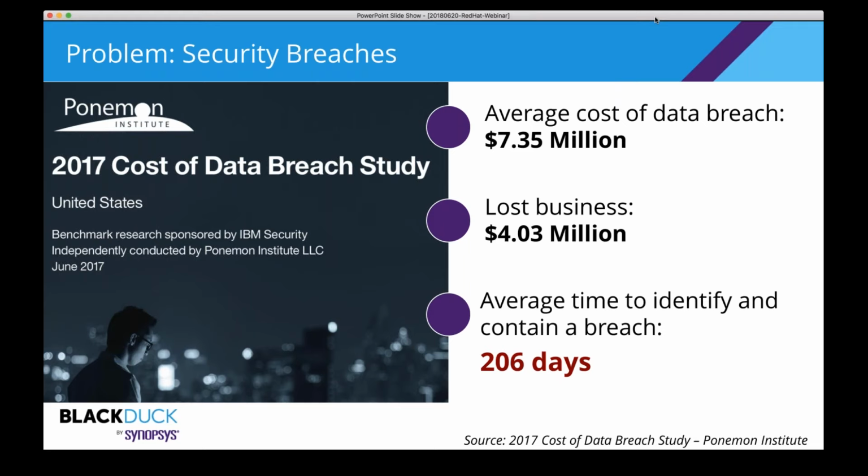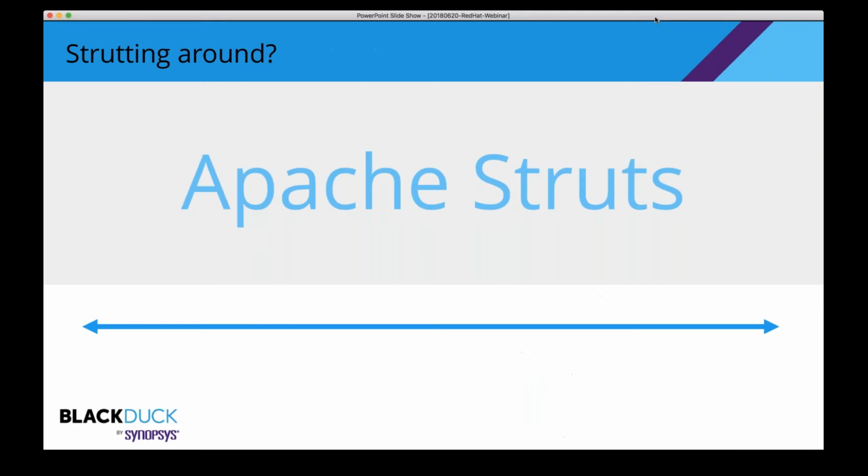And so the key goal with Black Duck and Synopsys and our great partner Red Hat is to provide this open source intelligence to our customers as quickly as possible to solve this problem and reduce the response time for security breaches.